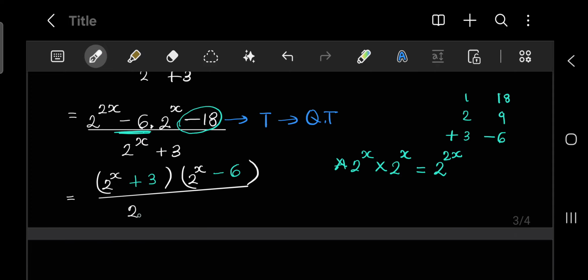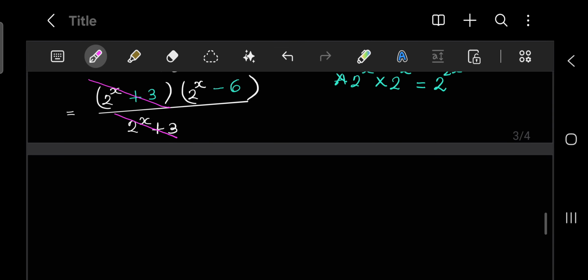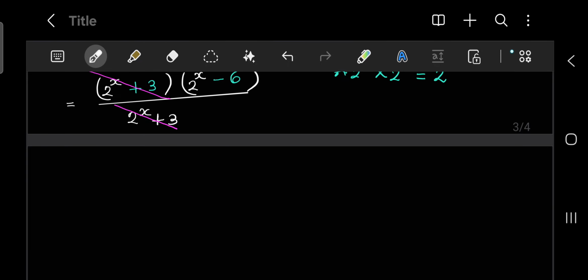Now, looking at my denominator, I've got 2 to the power x plus 3. And immediately, you guys will notice that this bracket is the same as the denominator. So they're going to cancel out with each other. And what we are left with is 2 to the power x minus 6 as our final answer.